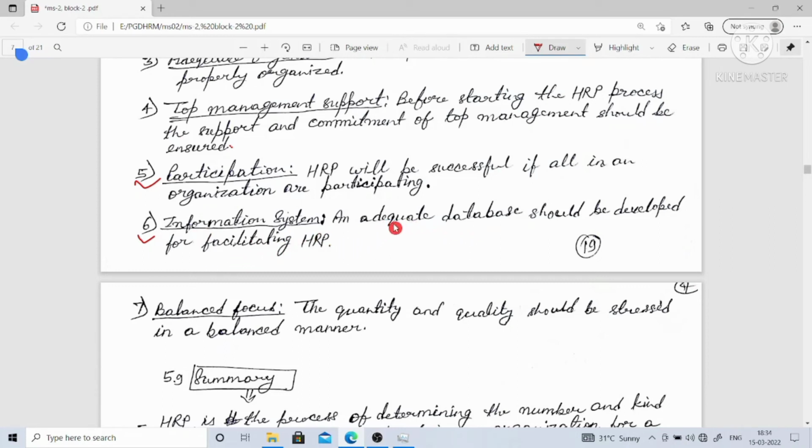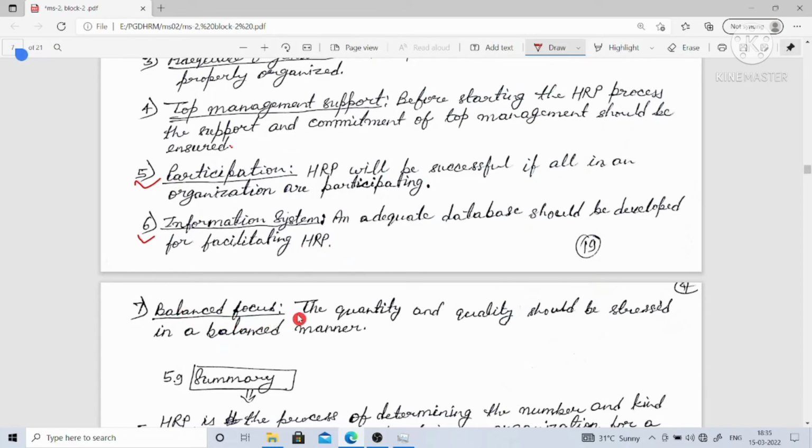If data is not available for evaluating, then human resource managers cannot get the exact scenario, meaning how many people are required by the organization. So proper information should be there.